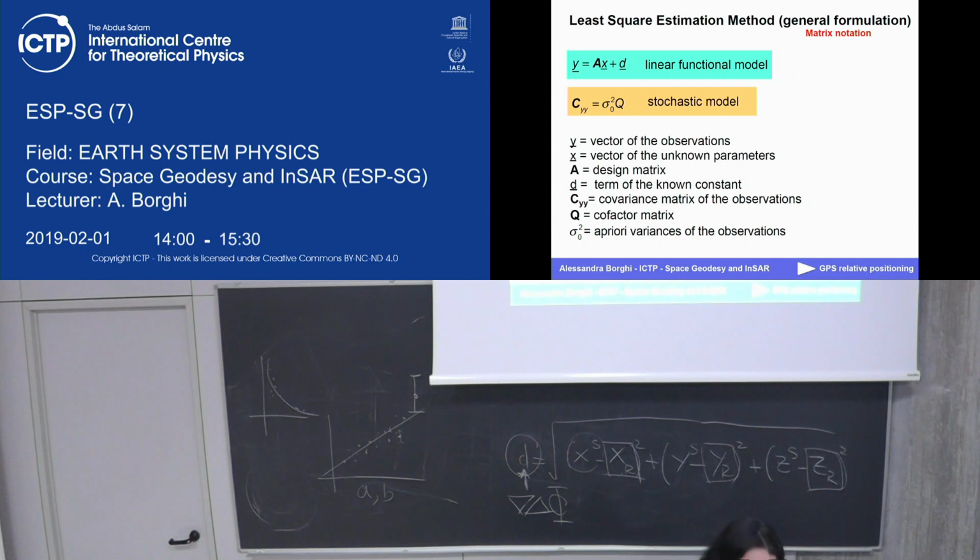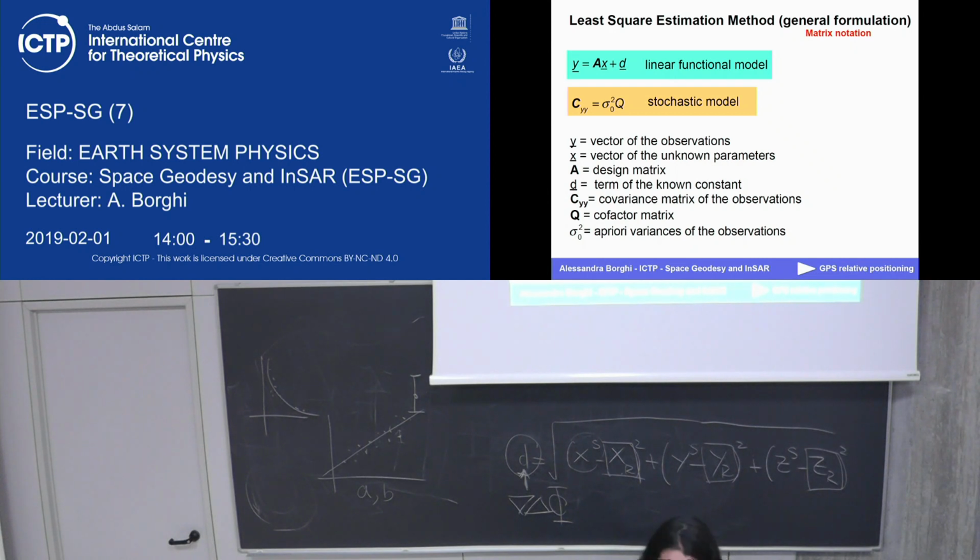Now we don't have time, because we would have to start a statistical course to give you all the definitions. But now I just give you the notation. It's very easy, you can implement this formula in MATLAB, but probably in MATLAB you already have implemented code to perform this.